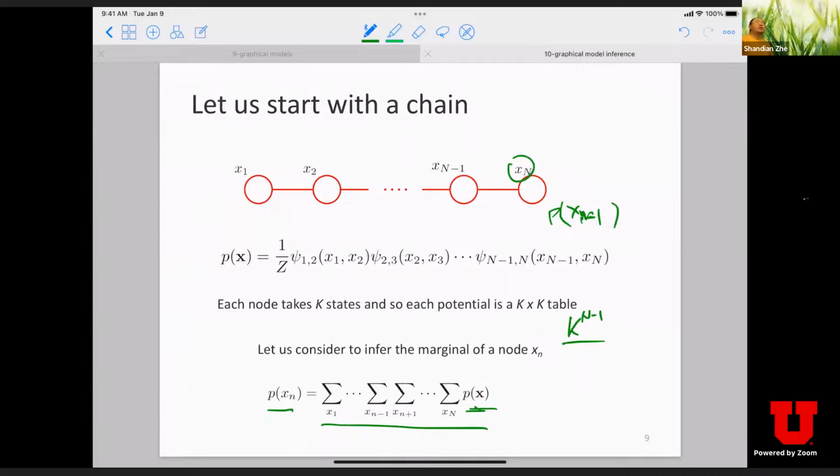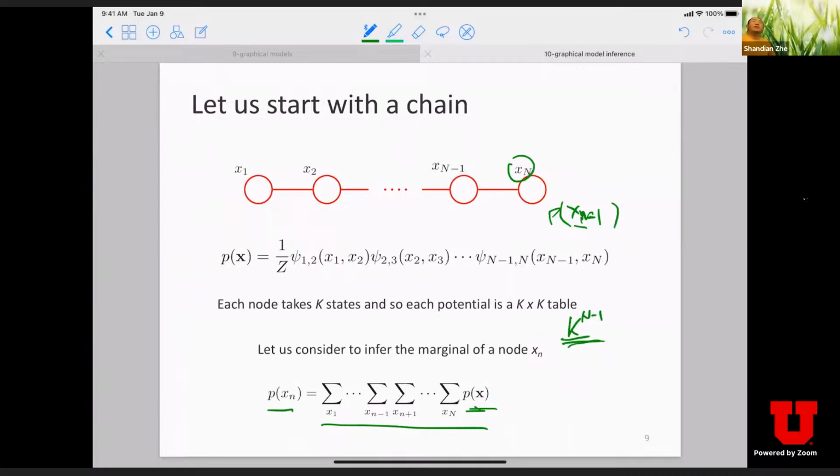So what is the total complexity? Each particular value of xn takes a complexity of k to the power of N minus 1, and you do this k times.